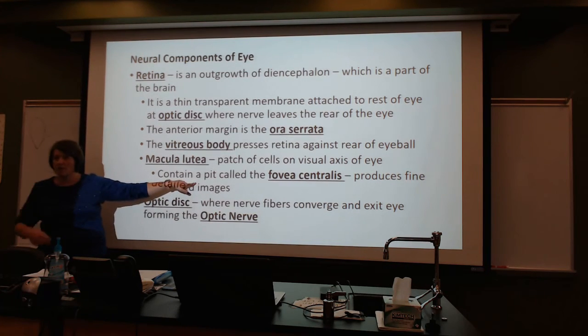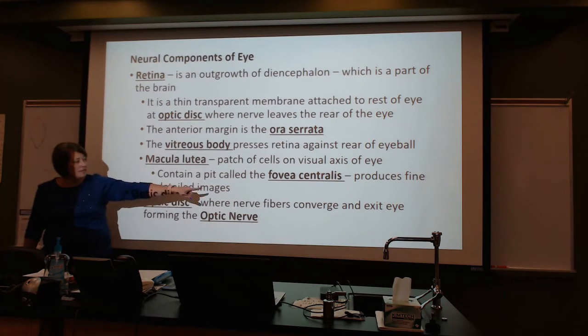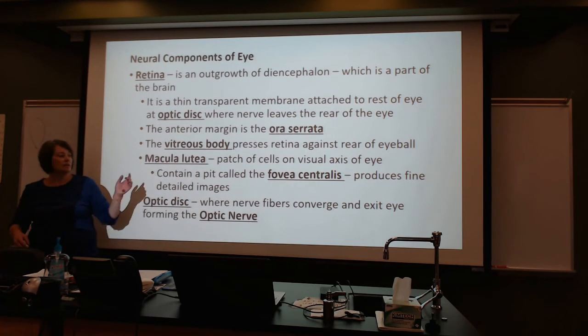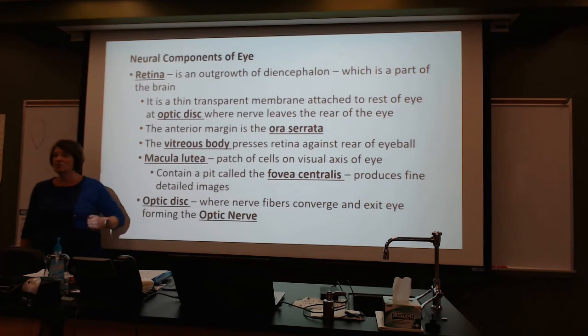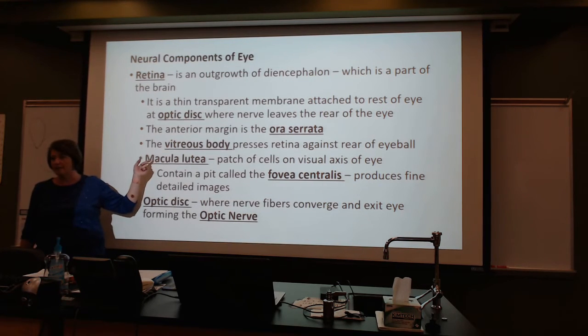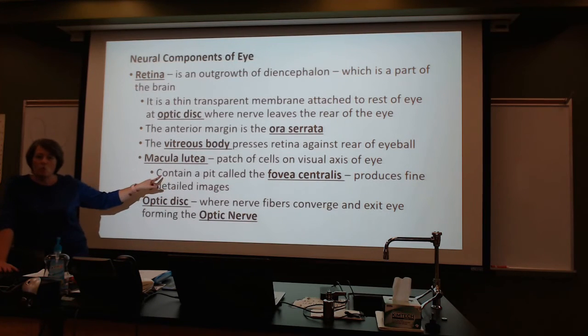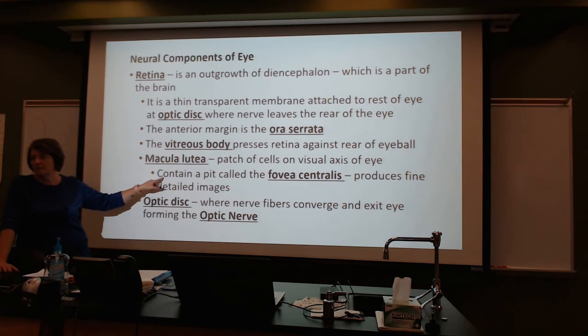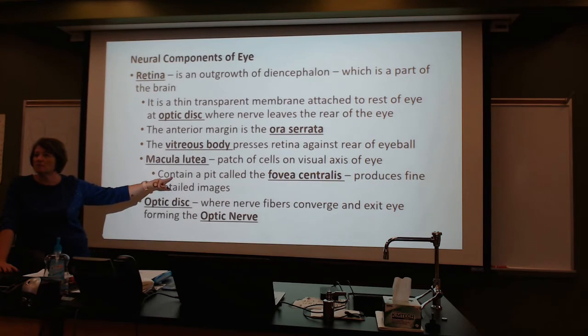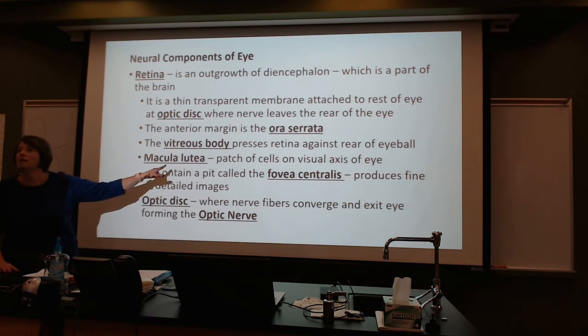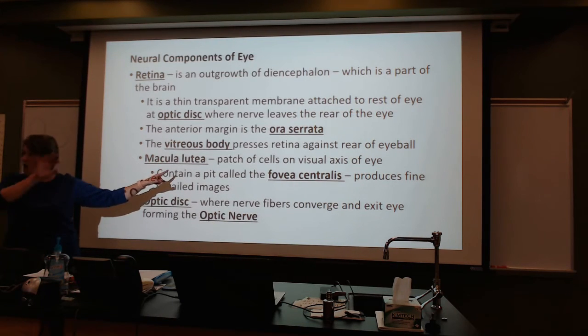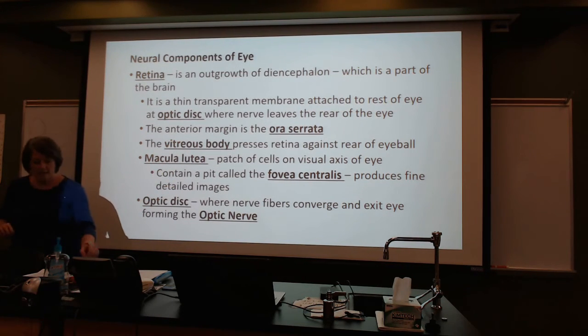In the middle of them, they have a pit. And that is called the fovea centralis. Central means central in this macula, in this patch of cells. That is the point where I get detailed images. That's the only area of all of my eye that gives me a detailed image.